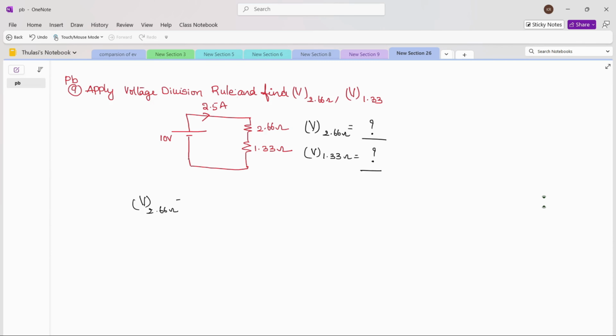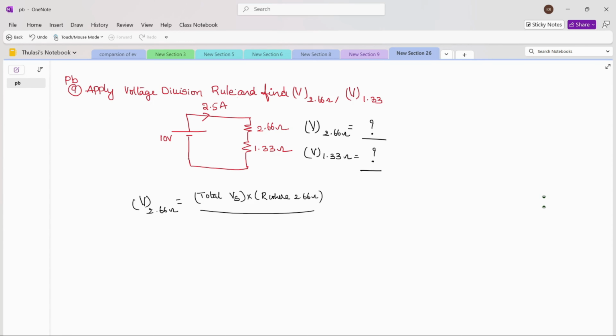Now the voltage across 2.66 ohms is equal to, the formula is, total source voltage, I mean total voltage, multiplied with the resistor where voltage is required. So 2.66 is the resistor where voltage is required, divided by the sum of resistors which are connected in series.